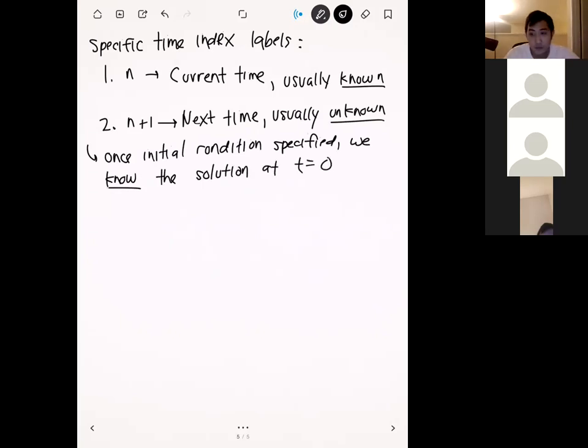And so that sets our current time. The goal for the time marching scheme, or the goal for the numerics, is to solve for the solution at the next time.